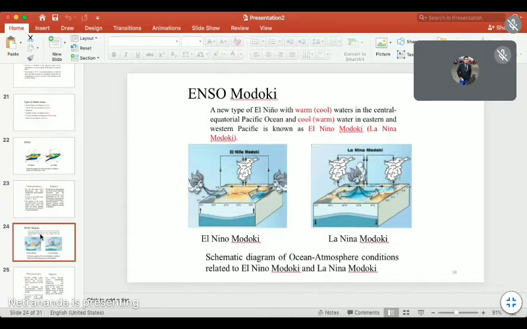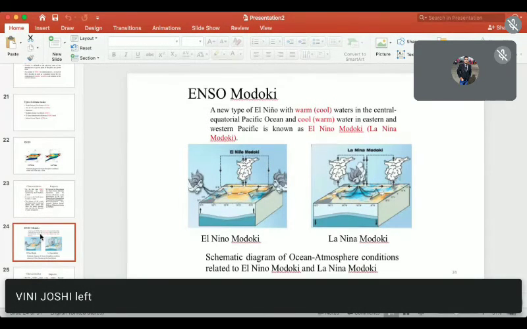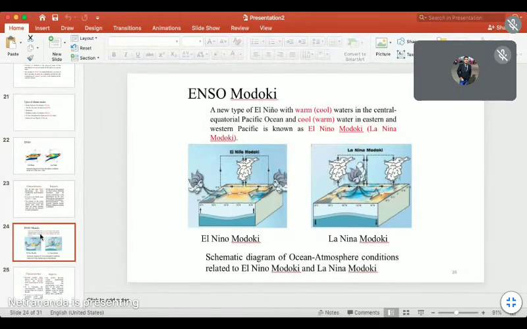That is a similar type of ENSO phenomenon, but it is a totally different one. How does it differ? In the case of ENSO, only the eastern Pacific is warming, but in ENSO Modoki, the central Pacific is warming. Same Pacific Ocean, but the central Pacific. From studies, it came to be known that because of global warming and other factors, the warming of the eastern Pacific is pushed towards the central Pacific.